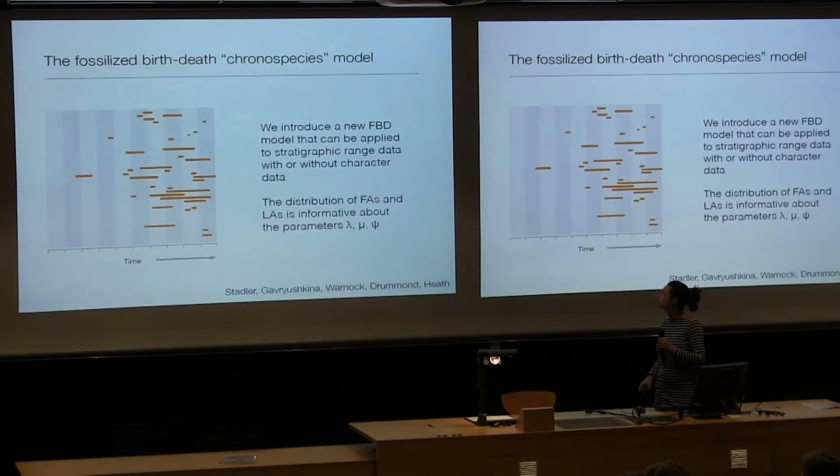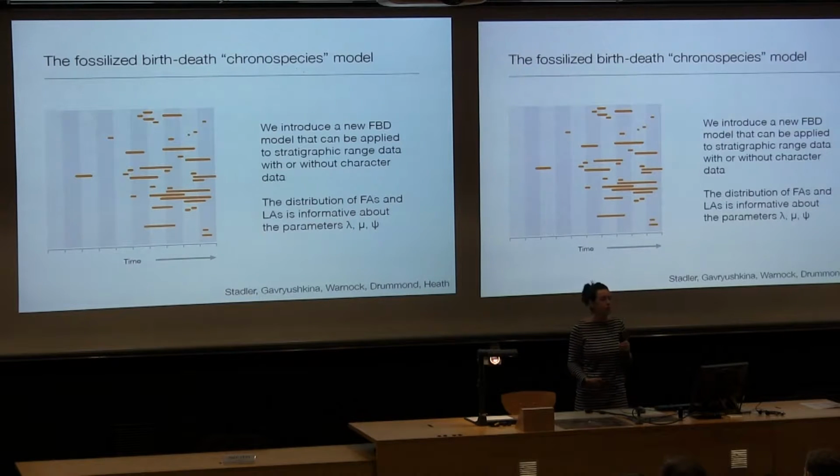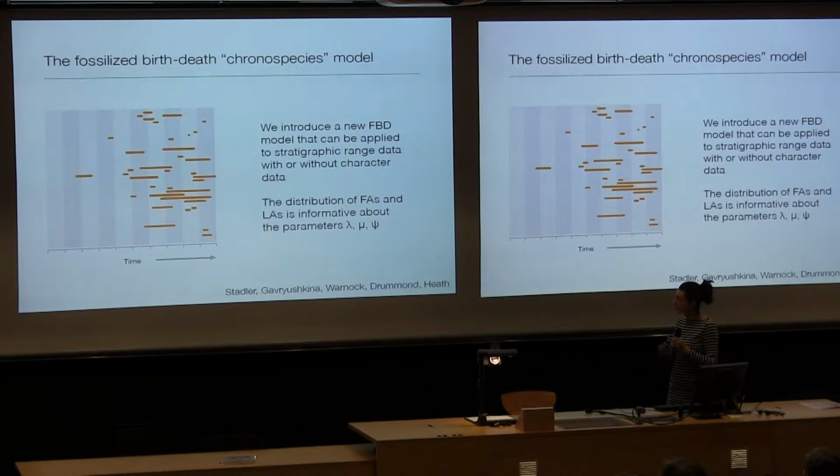This model has previously been used to estimate species divergence times when you have phylogenetic character data. But we're introducing a new version of the model, which can be applied to stratigraphic range data with or without character data. The model I'm presenting today is part of a broader project, and it belongs to a suite of models that for the first time enable stratigraphic range data to be incorporated into phylogenetic models.